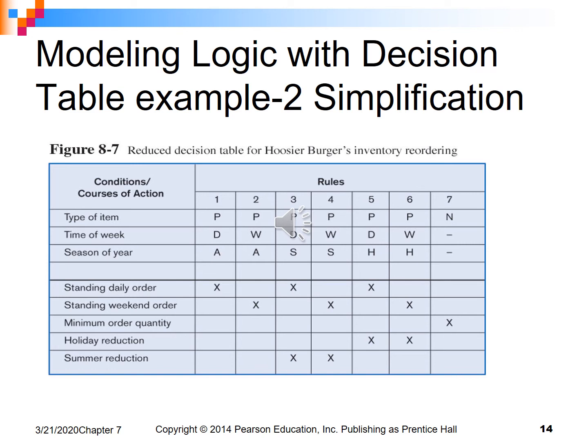And that's why we simplify into 1 rule here. So we still have just 7 rules. The first rule is still the same. If it is perishable and weekday and season, you order the standard daily order.